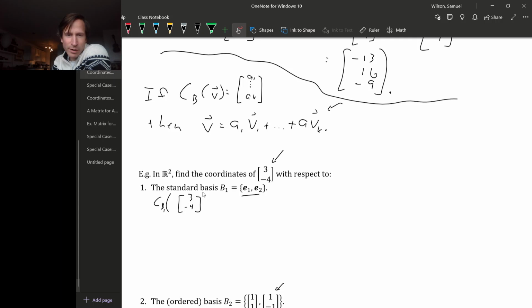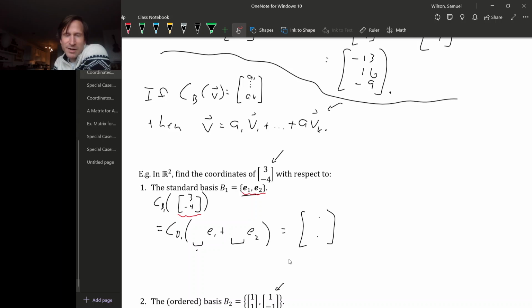3, minus 4. Okay. So there are two ways to think about doing this. Actually they're both the same way, but stated slightly differently. To find the coordinates, we just need to express this vector in terms of this basis. There will be some coefficient times E1 plus some coefficient times E2, and then the coordinates will be whatever these coefficients are.